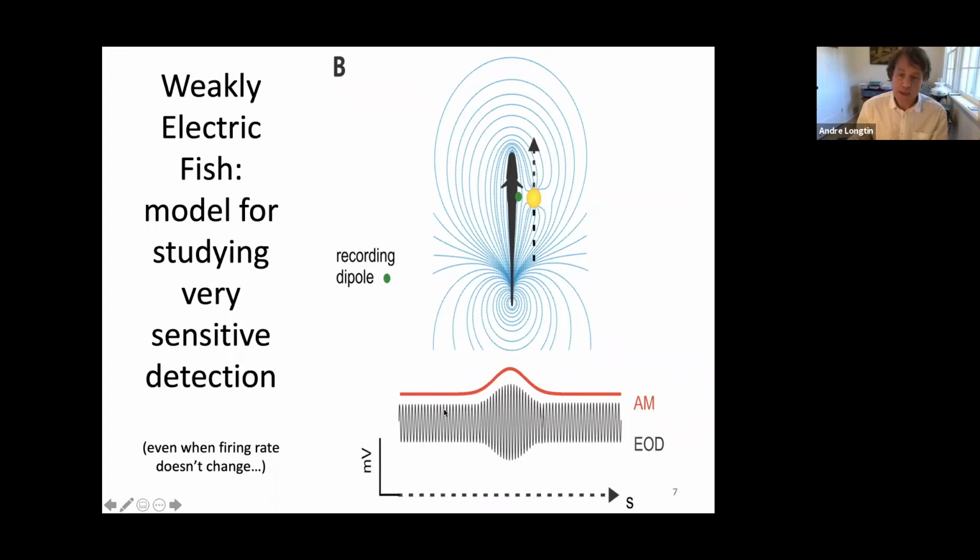This is detected by the main receptors on the skin, and then the next layer of cells looks only at the modulation. They kind of rip out the carrier. So you can think of that as a bright spot on a dark background, or the other way around as well: more conductive or less conductive than the surrounding water.